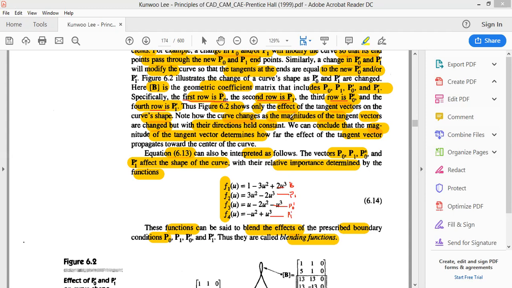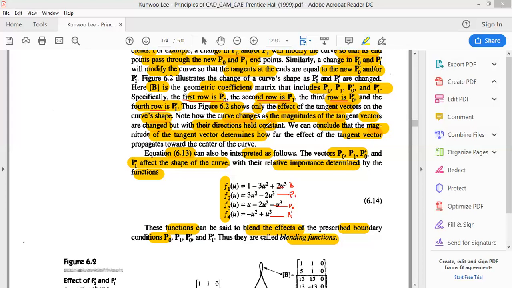Right. So with this, the effect of tangent vectors on the curve shape, we can see it over here. We'll see that in the graph which is below, right? And the changes in the magnitude of the tangent vectors and their directions are held constant over here.